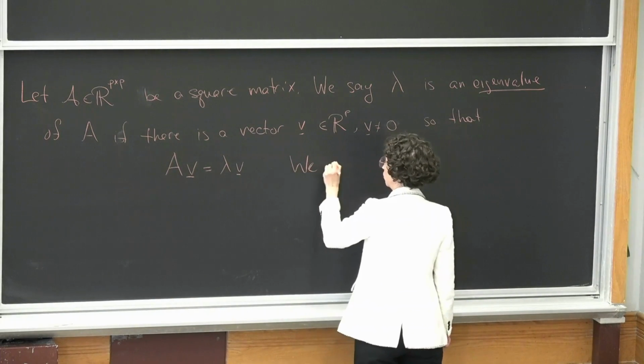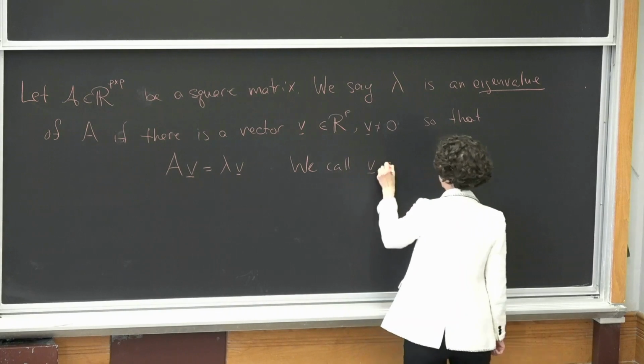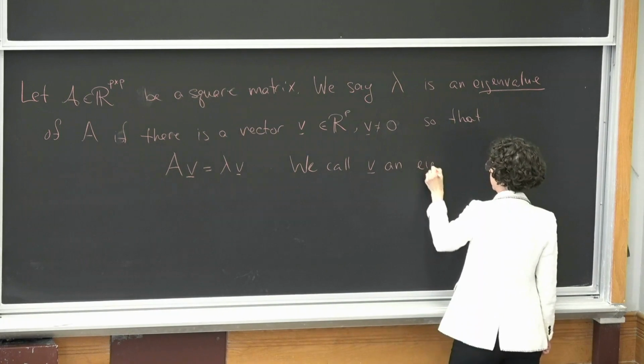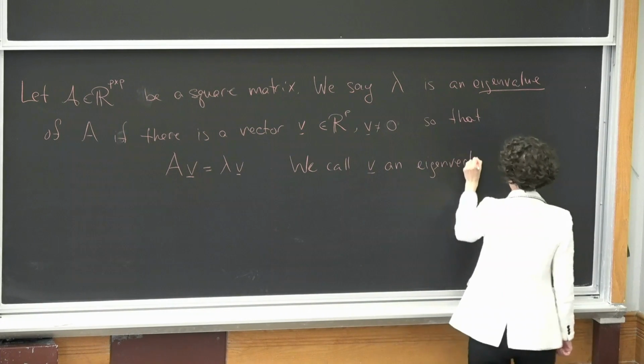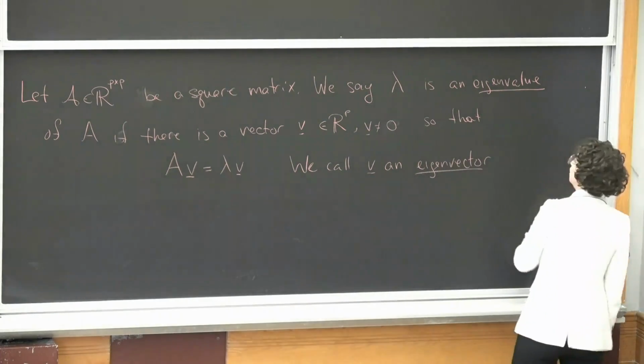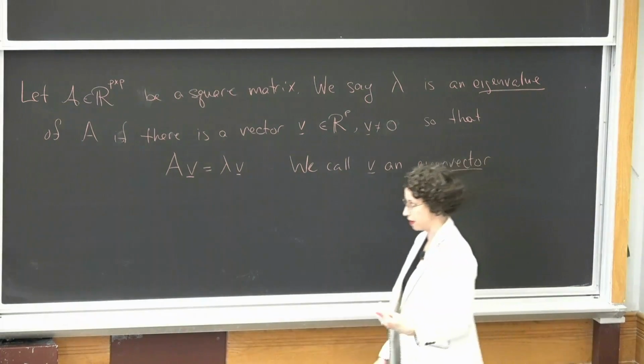In this case, we call v an eigenvector. So we've got eigenvalue and eigenvector pairs here.